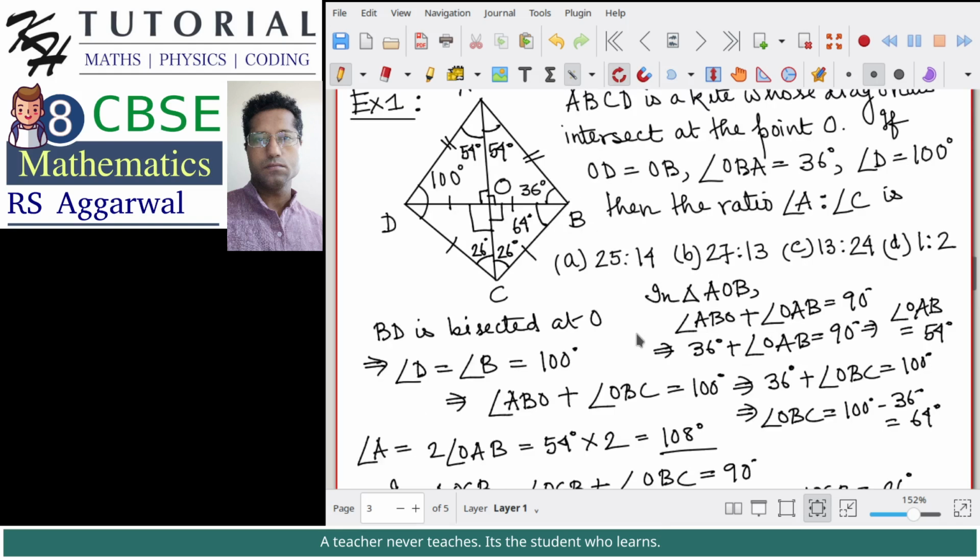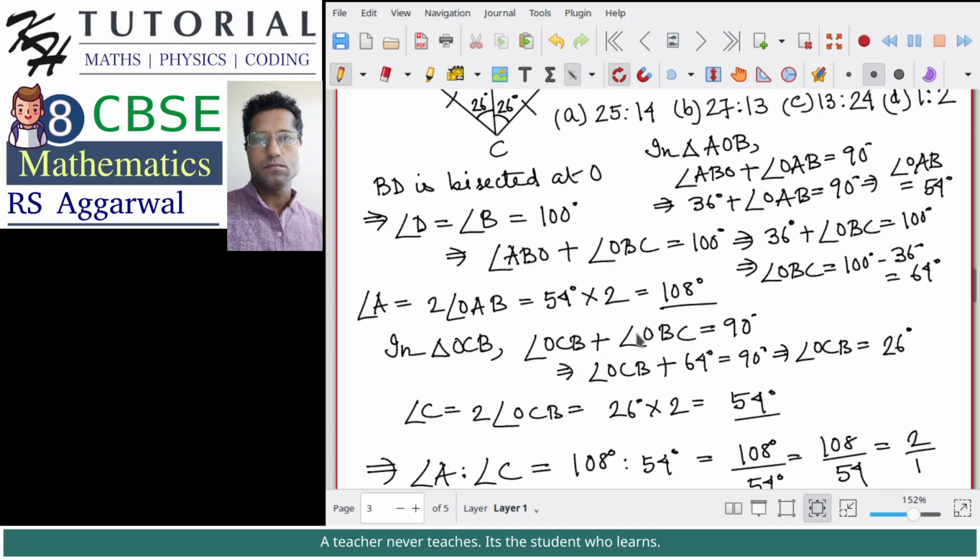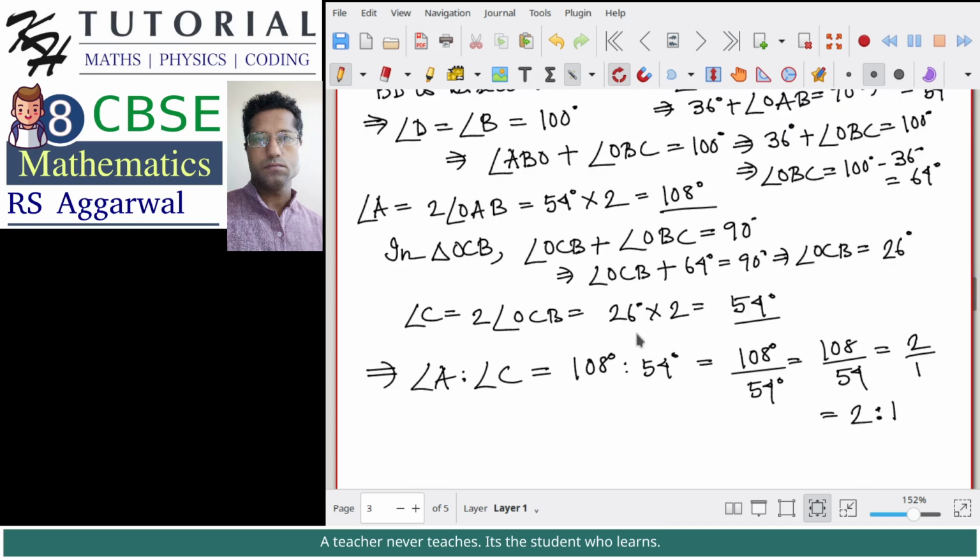So angle C will be 52. 26 multiplied by 2 is not 54, but it is 52 degrees. So now angle A to angle C: this is 52 degrees.